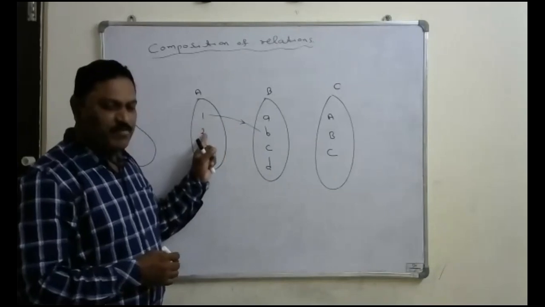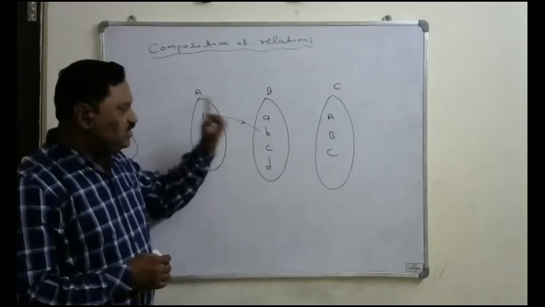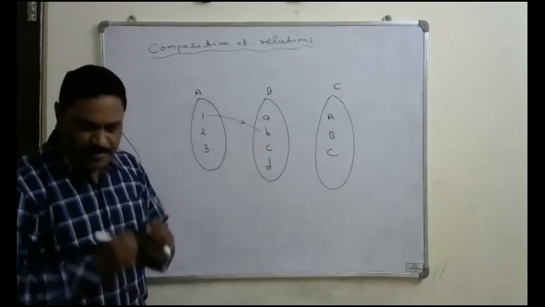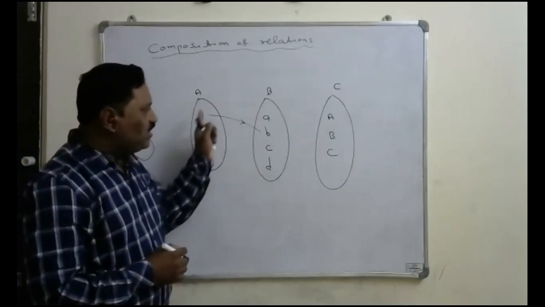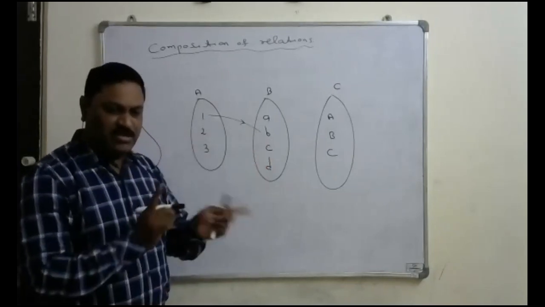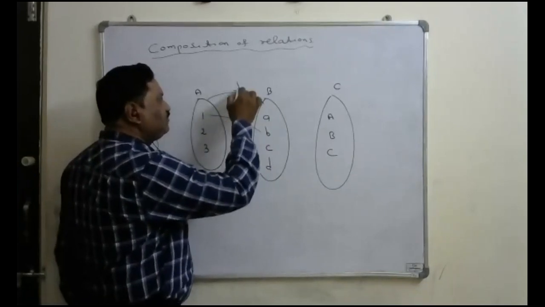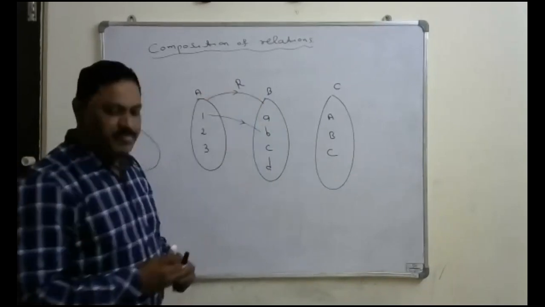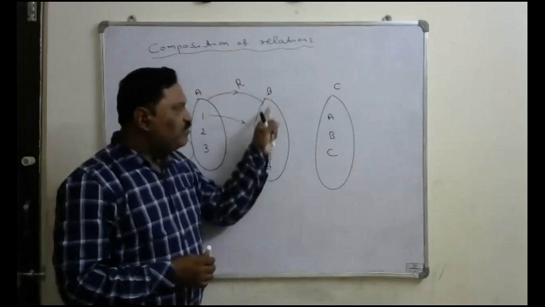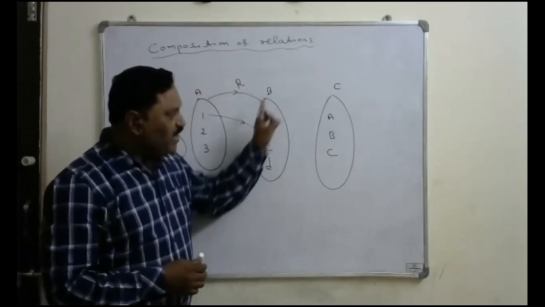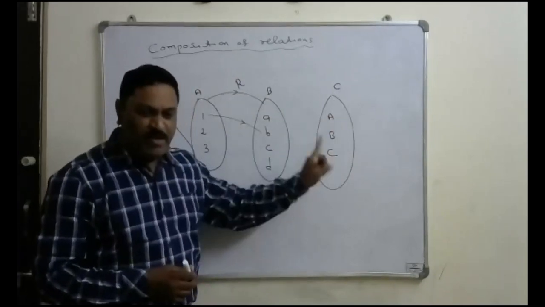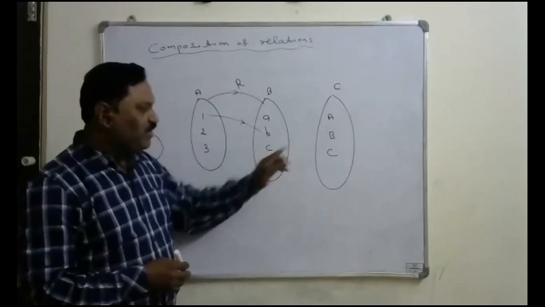So if one member of family A is married with one member of family B, then automatically the relation will get formed between the families of A and B. Let us assume that relation is R. Similarly, one member of the family B is married with one member of the family C, not the same member, another member.